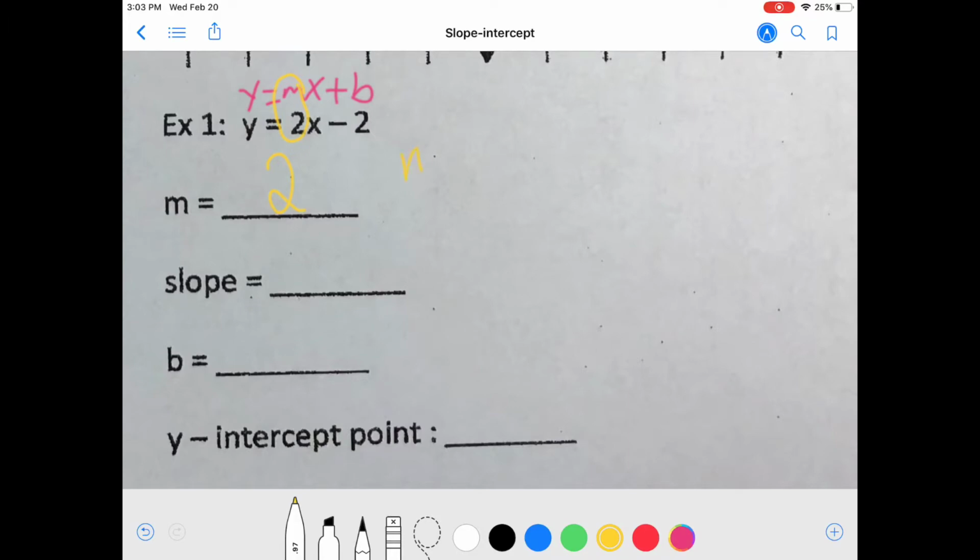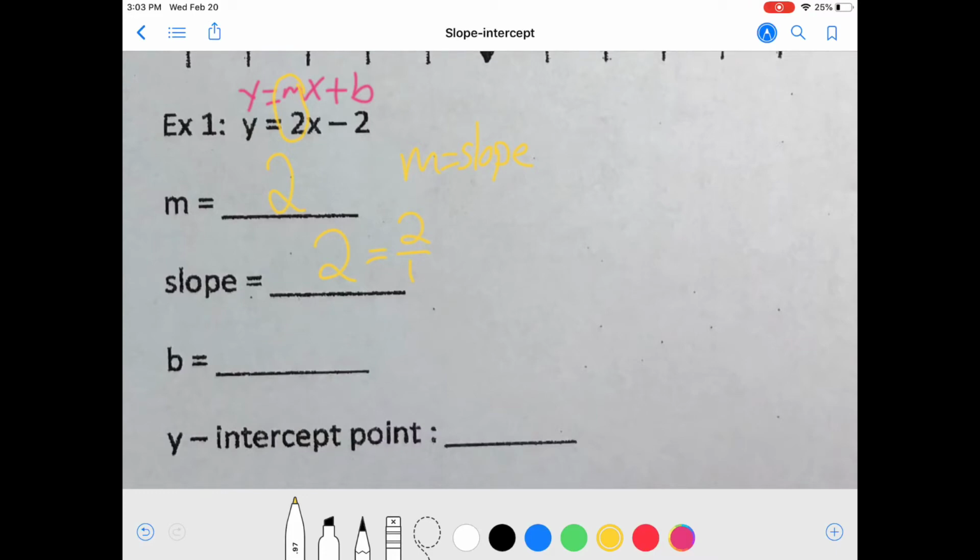And because m equals slope, our slope is 2. To tell us how to move on the graph, we want to make the slope a fraction if it's not already. So we've got 2 over 1, because if we divide any number by 1, it's still itself.